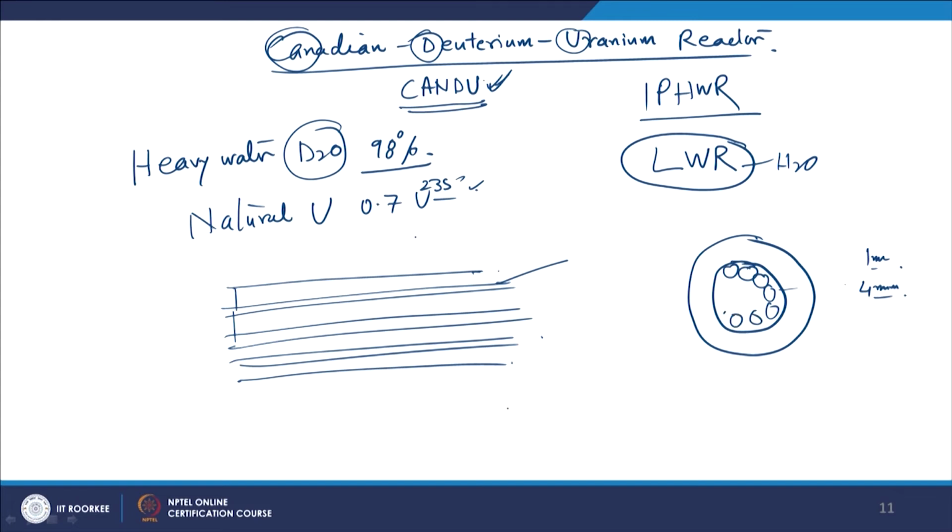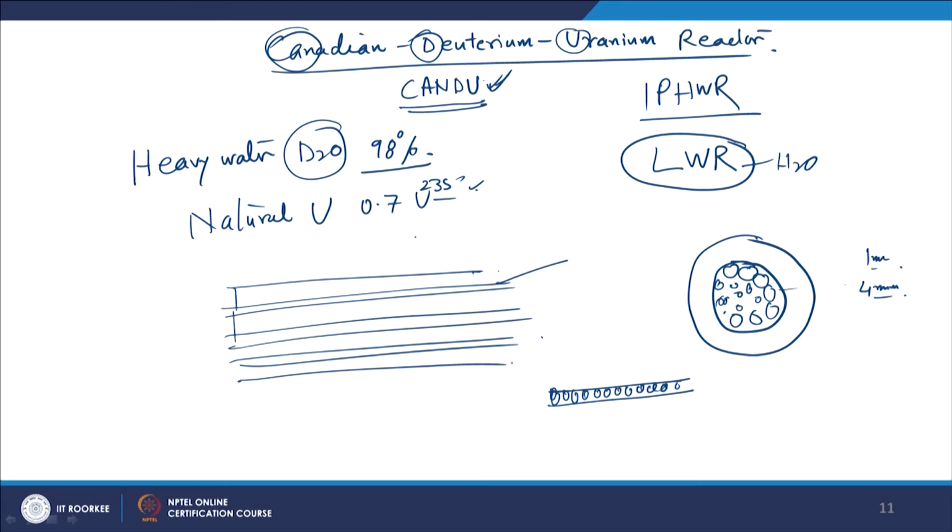Fuel pins are nothing but zirconium tubes of approximately half inch diameter, and the uranium fuel pellets are filled in these zirconium tubes. Each tube is known as a fuel pin, and there can be a number of fuel pins in a grid, maybe 20, 30, 40 or 50 pins in a grid.